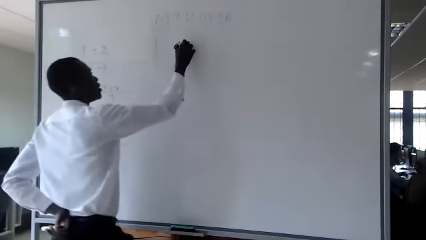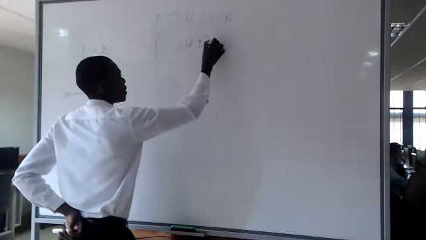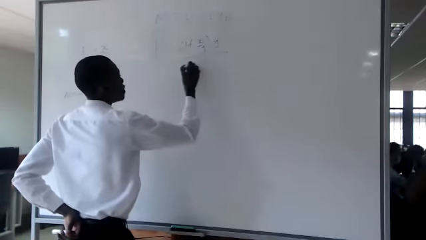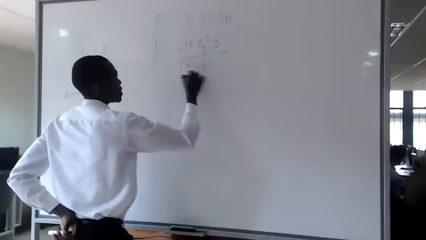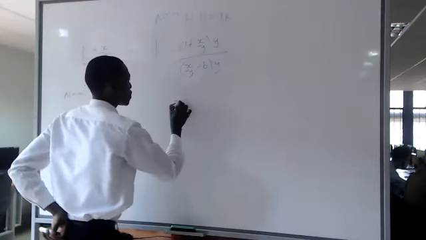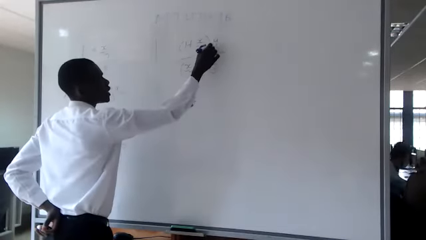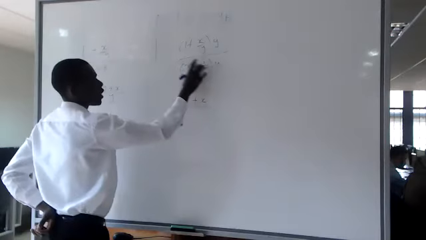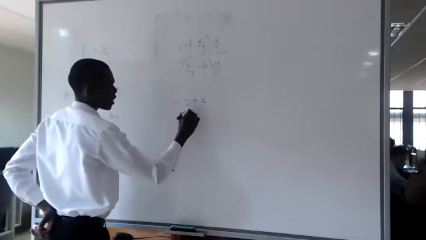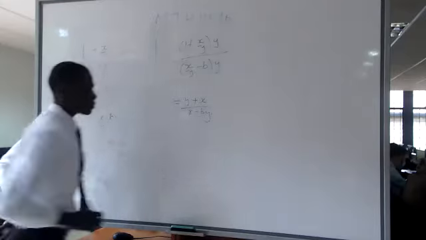So we will have 1 plus x divided by y, the whole expression multiplied by y, all this divided by x minus b times y. Then y times 1 is just y, plus y times x divided by y, that is just x. Divide this by y times x divided by y, that is x, minus b times y is by.